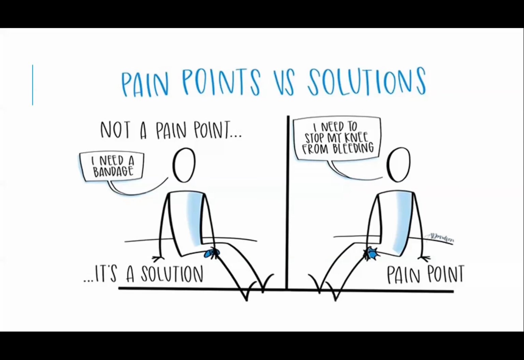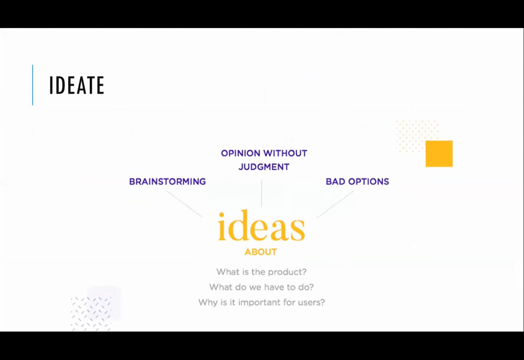But it is not the only scenario. There can be multiple scenarios. Maybe a chance the bandage won't be available nearby. We'll be having a cotton cloth alone with us. So the ideations vary. The solutions for a problem will vary. So pain points versus solutions will vary. So now this ideation, how could it be done? In the morning session, SARS were saying about brainstorming.